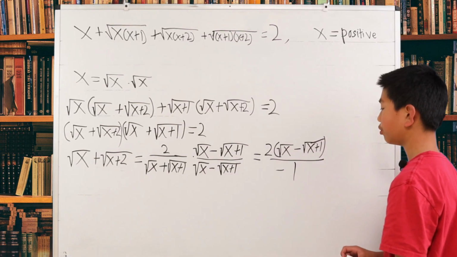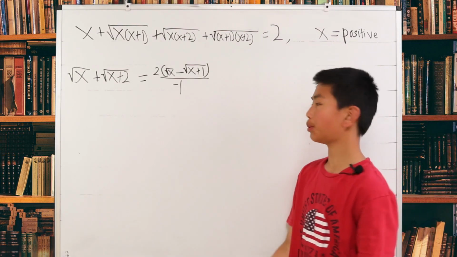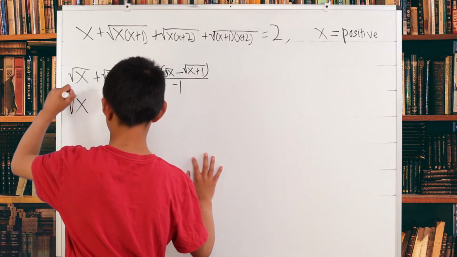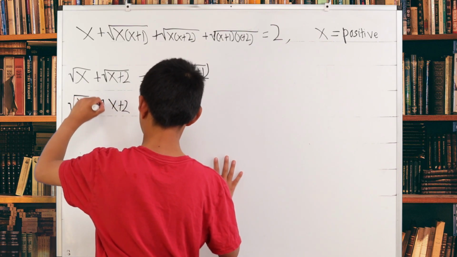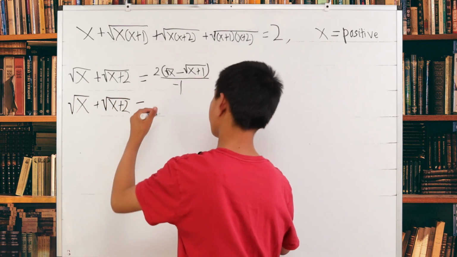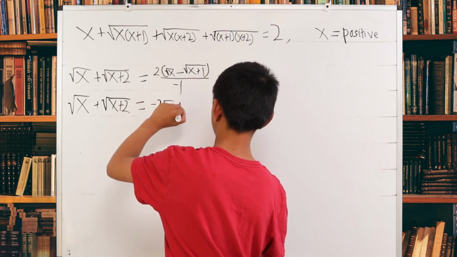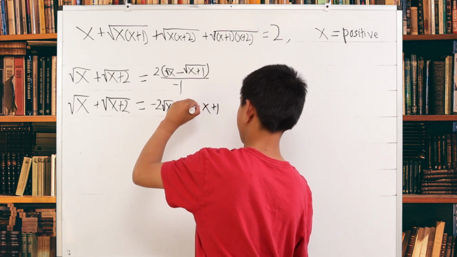So we now have a new equation. Now we can further simplify this right side. The left side still stays the same: the square root of x plus the square root of x plus 2. Well, this is just equal to negative 2 times the square root of x plus 2 times the square root of x plus 1.